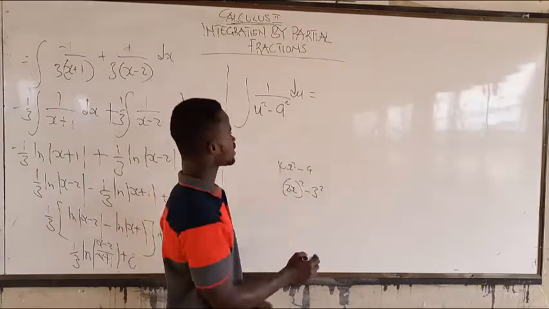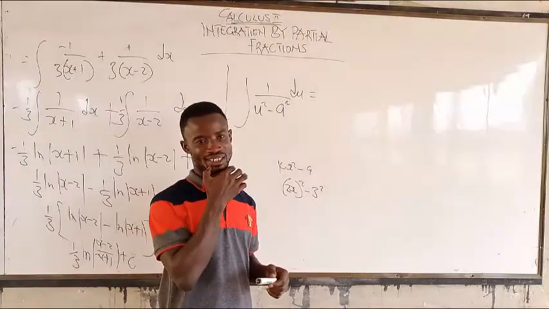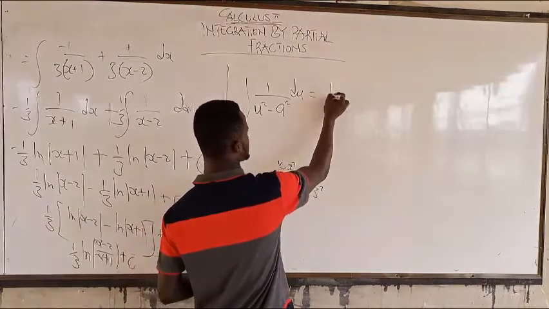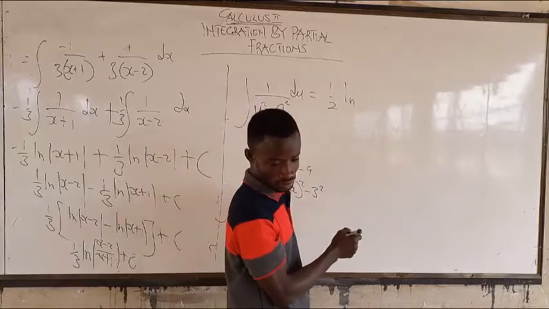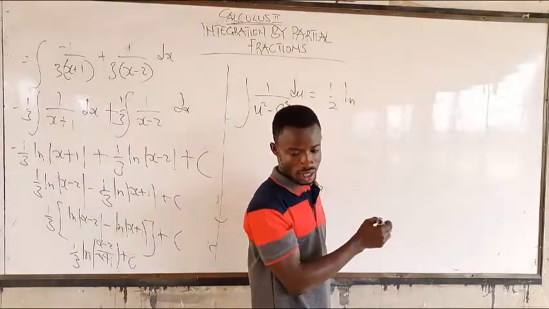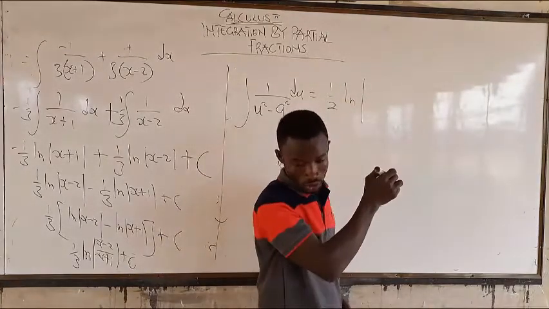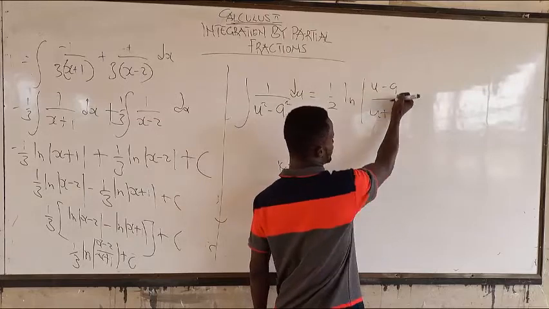We are saying you don't go about solving it by partial fraction decomposition. You can put it straightforward and get half ln of (u minus a) over (u plus a).